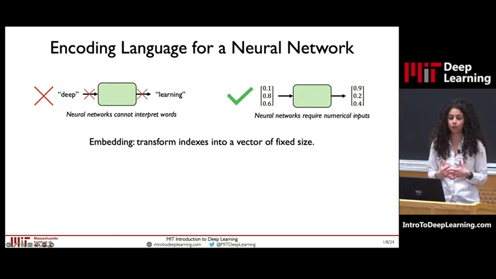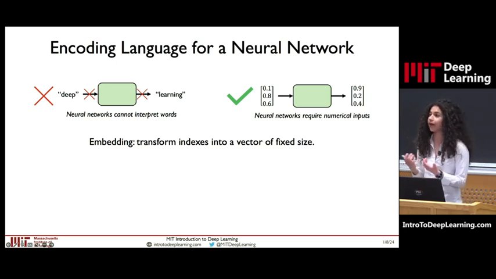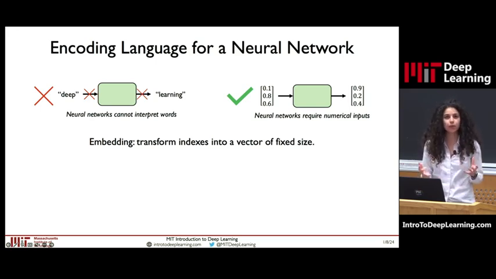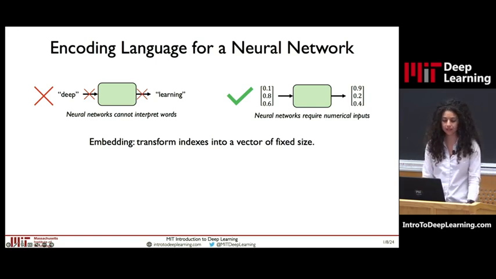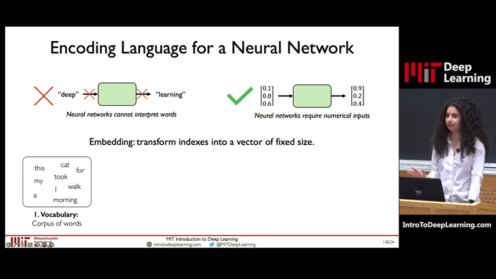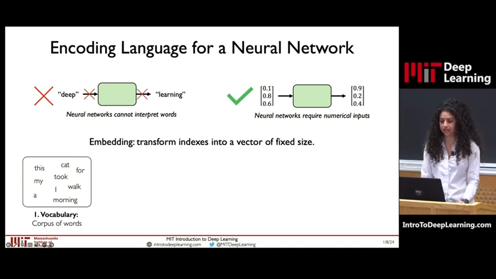This gets at this idea of what we call an embedding. And what that means is we want to be able to transform input in some different type of modality, like language, into a numerical vector of a particular size that we can then give as input to our neural network model and operate on. And with language, there are different ways that we can think about how we can build this embedding. One very simple way is, let's say we have a vast vocabulary, a set of words, all the different and unique words in English, for example.